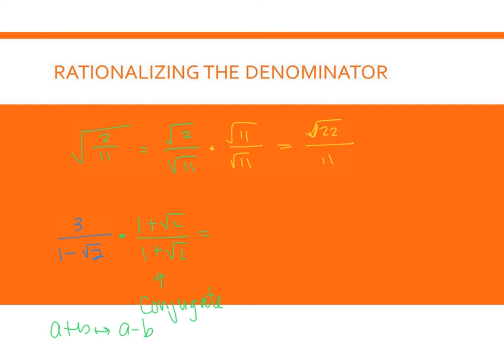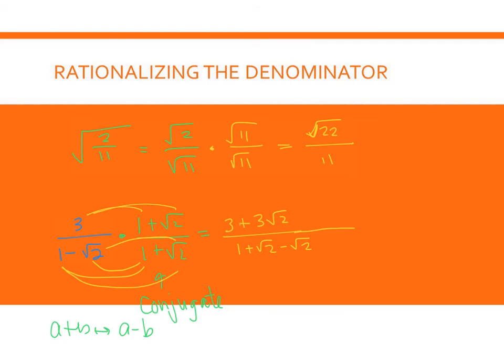So then on top, we're going to distribute, and we're going to get 3 plus 3 square root of 2. And on the bottom, we're going to FOIL. So here's first, 1 times 1 is 1. But then if we look here, outside is going to be a positive square root of 2, and inside is going to be a negative square root of 2, and they're going to cancel.